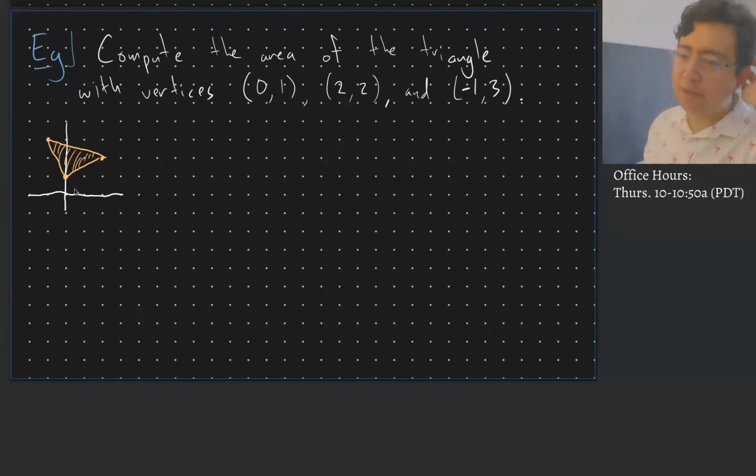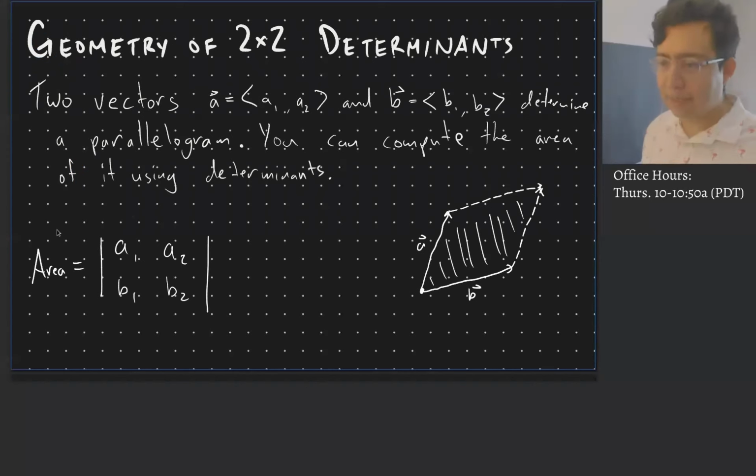Now there are a few ways to go about this problem. Of course, you can try to figure it out using your old school geometry, which in this case might work out pretty easily, but in general that might not be so easy. So what you want to do is think of these 3 points as the endpoints of some vectors. But our formula in the last slide needs 2 vectors, and we have 3 points. Also, the tip of this parallelogram, because of the way vectors work, is sitting at the origin.